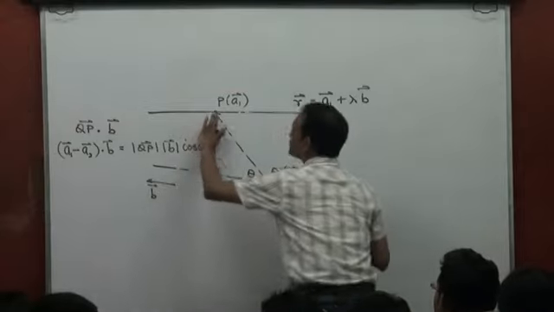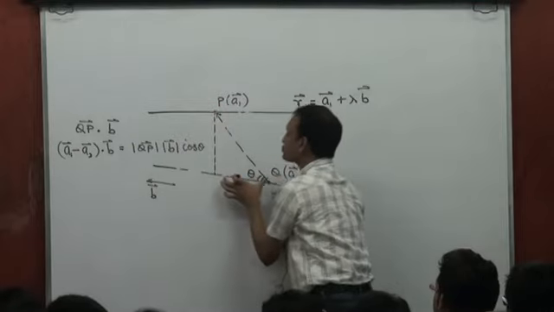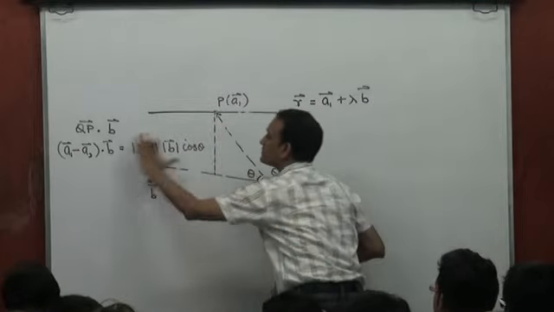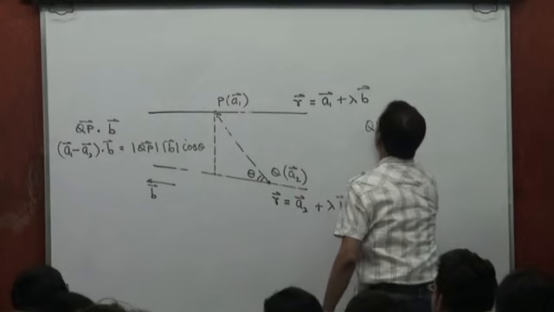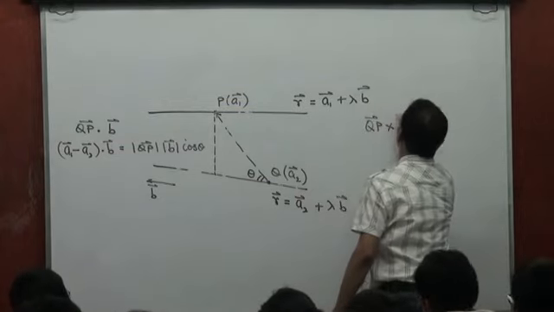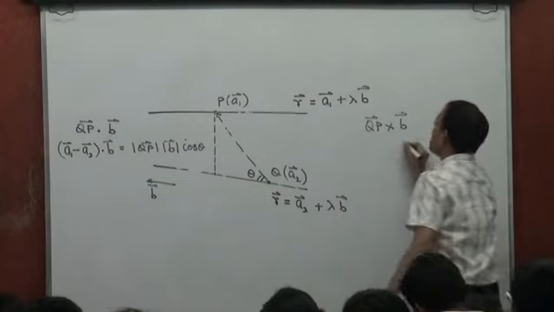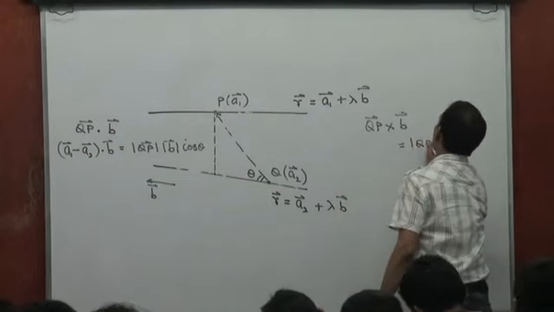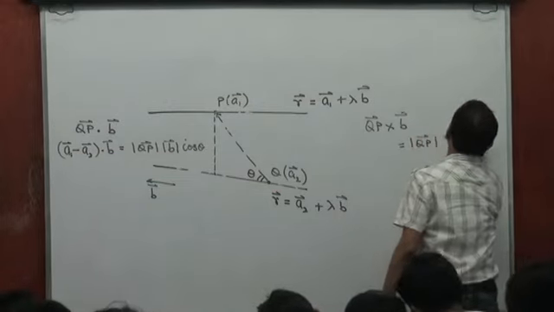Actually, I want this distance. So I would rather take the cross product, because this is QP sin theta. If I took QP cross b, then what's that going to be? Mod QP into mod b into sin theta.